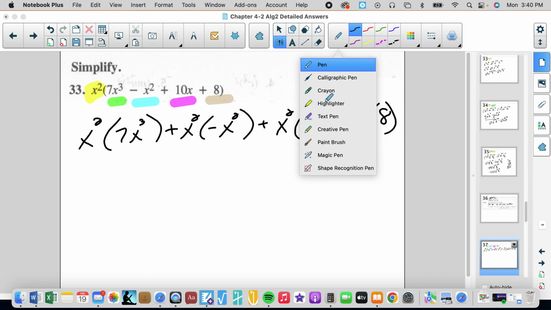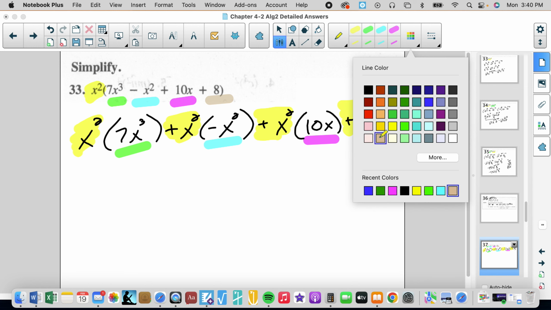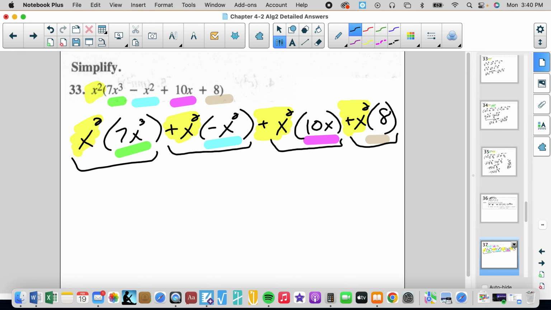And we'll notice what we are distributing, the positive x squared. That sign in front of it is very important. We're distributing it to 7x cubed, to -x squared, to positive 10x, and to 8. And now we're going to multiply each of these products. Multiplication before addition.